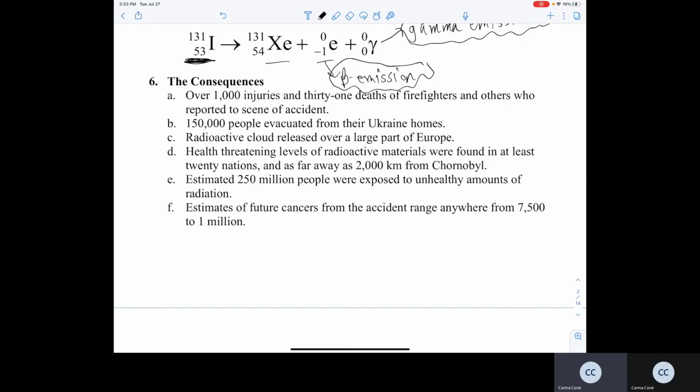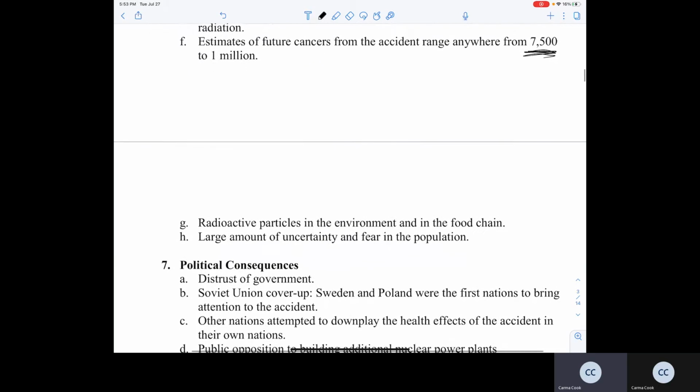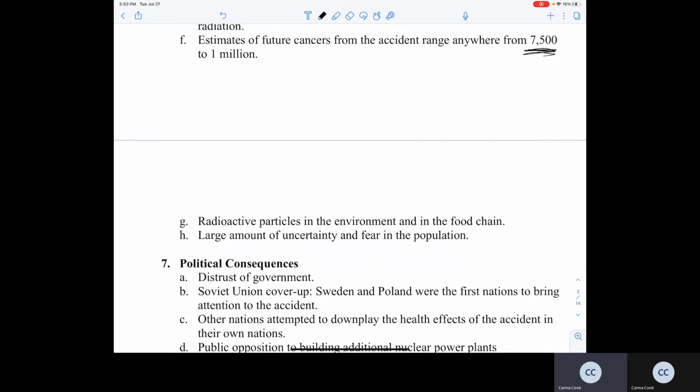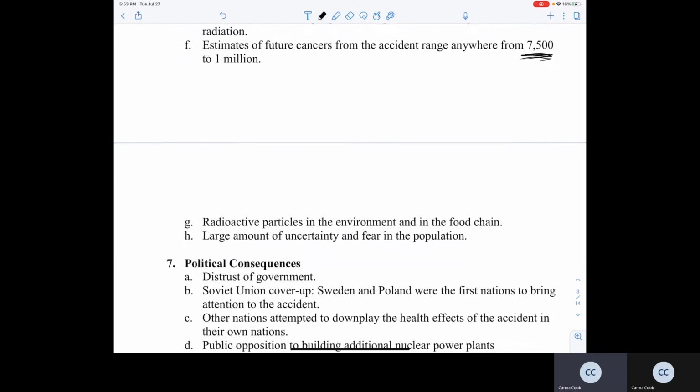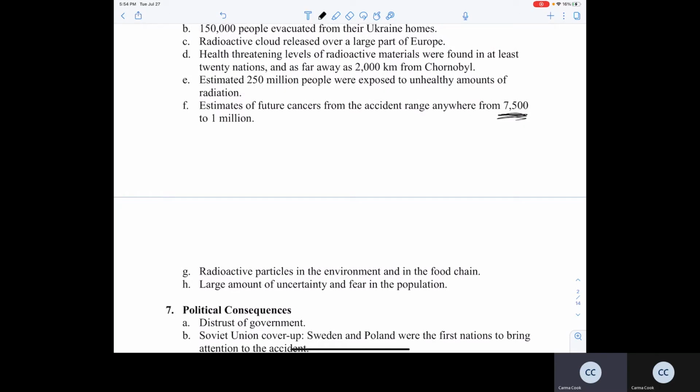And so future cancers that resulted range anywhere between 7,500 to a million that were speculated to be caused by the radioactive material that people were exposed to up to 2,000 kilometers away from the actual site.